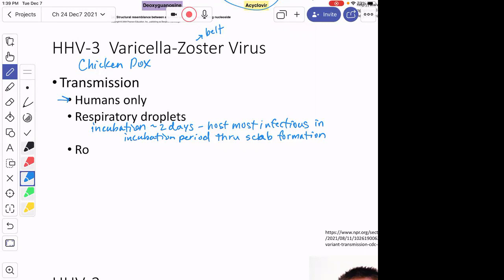So this is a good opportunity to talk a little epidemiology. When we're talking about transmission, we often refer to a term called R0.